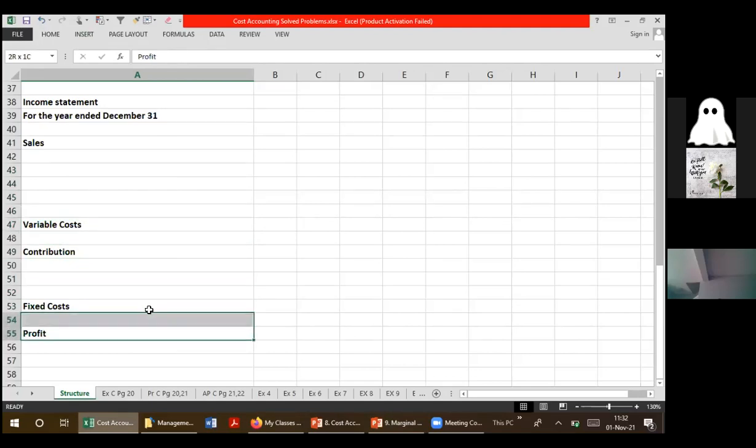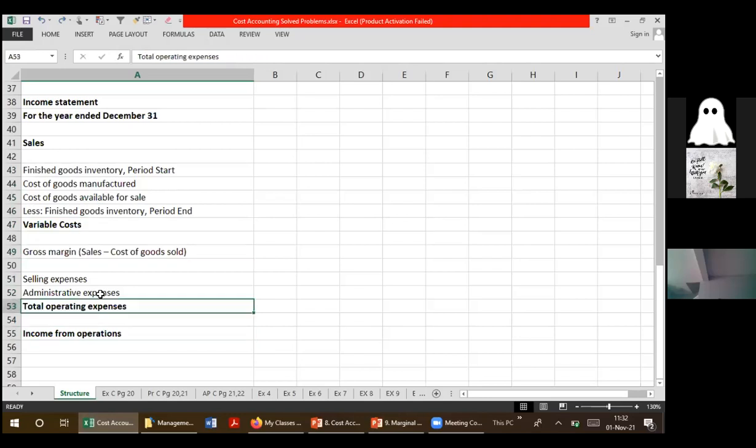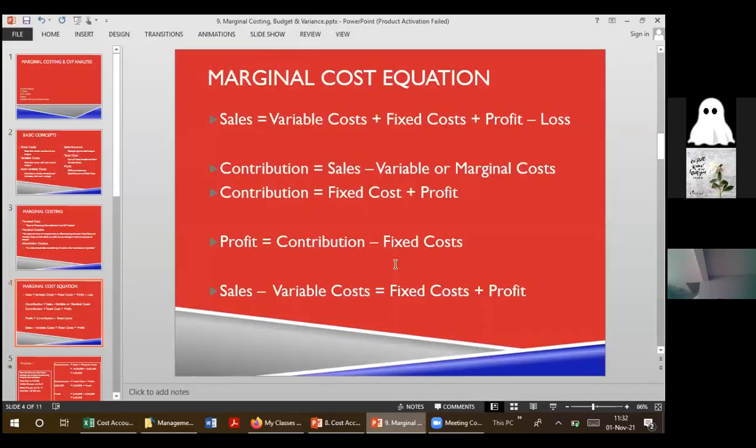We can also add these two, and they will lead to the same answer. So that's the way we calculate our profit: contribution minus the fixed cost leads to the bottom line, that is profit.